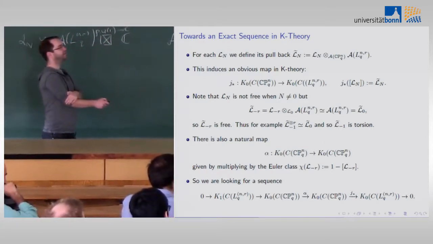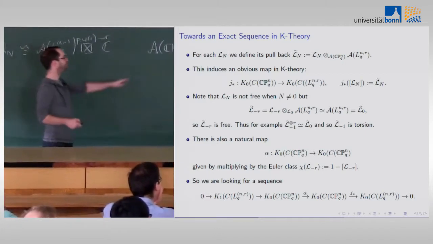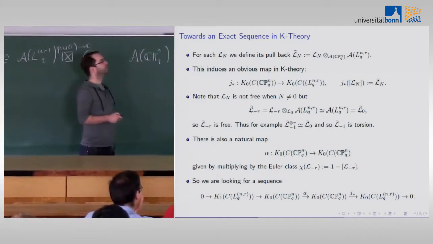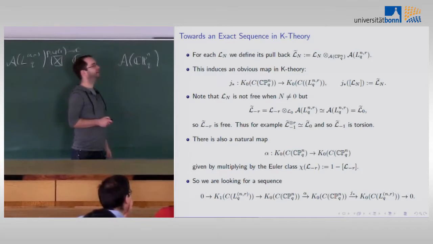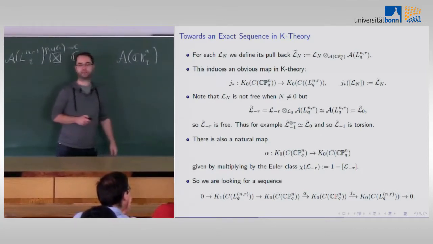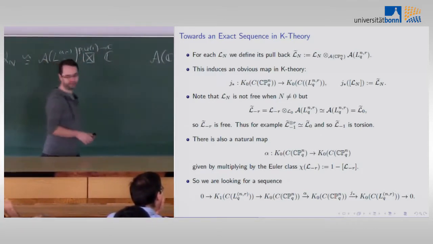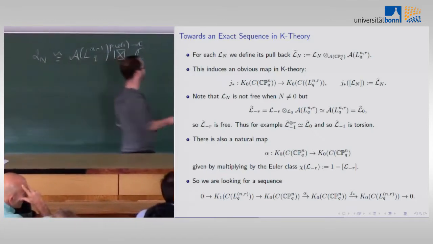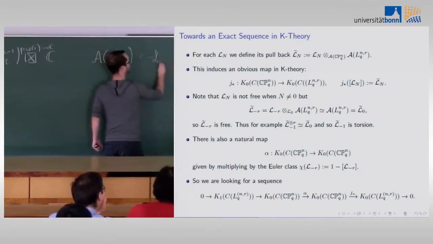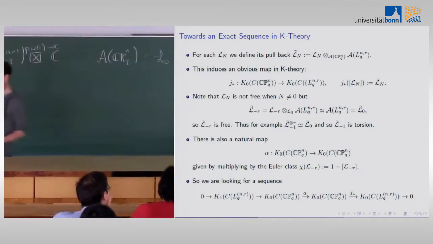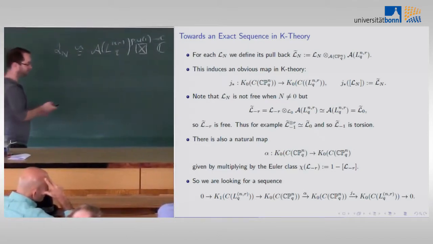So downstairs on the projective space, the module L_n is free if and only if n equals 0. And it's important to note here that this is L_0. That's the only time when you have a trivial bundle.